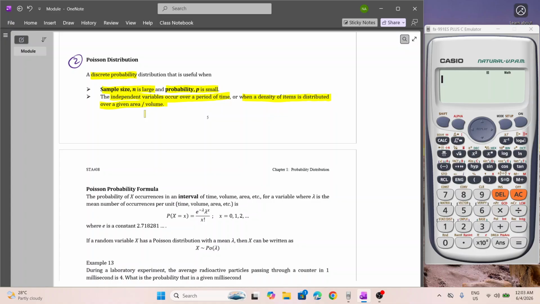Okay, so in the binomial distribution, we have discussed that we must have, for example, a fixed number of trials and there are two possible outcomes, right? But for the Poisson distribution, it is usually the number of variable occurrences over a period of time or when the density of items is distributed over a given area or volume.